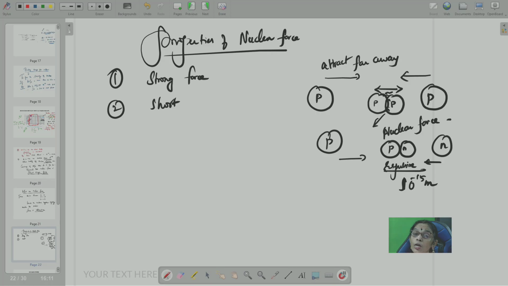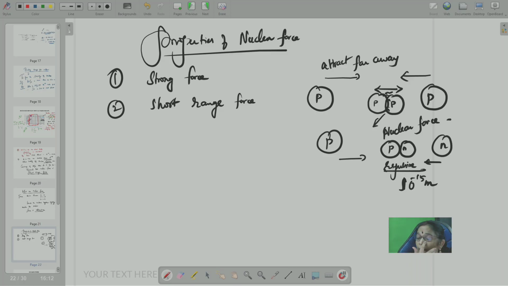When they come closer and closer, a nuclear force acts between the two which binds them very tightly inside the nucleus. So it is a short range force.